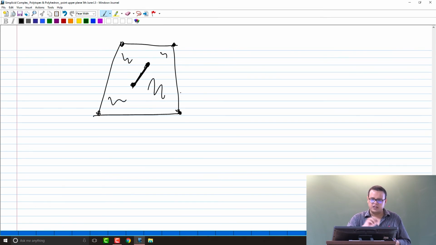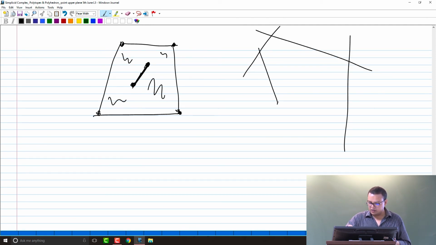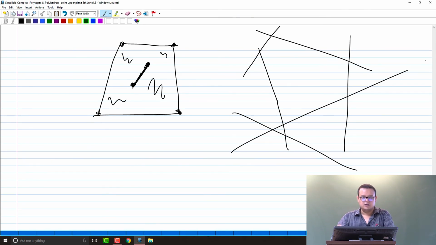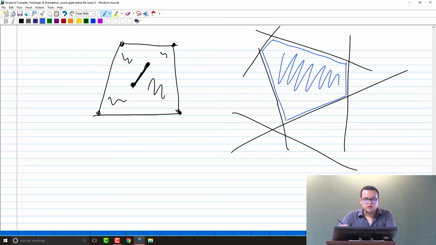Similarly here, if your polyhedron is defined by some intersection of half planes, and you take a face, what will this polyhedron be? This will be this blue object and its interior. So how do I generate the faces?